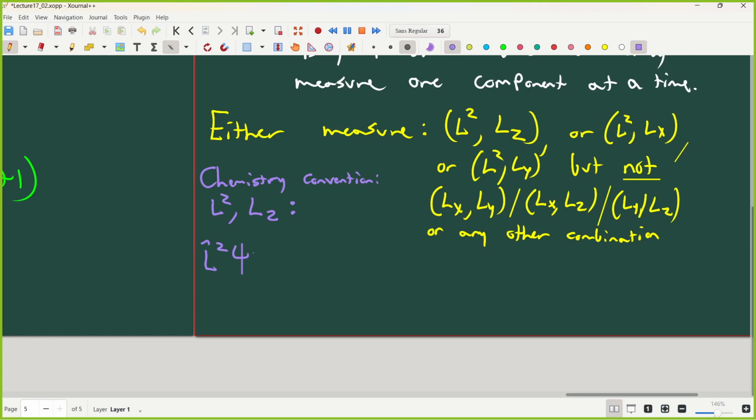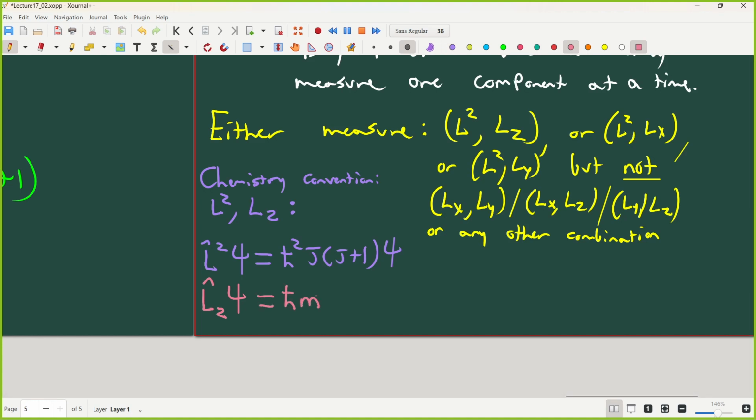If you apply it to psi, you get h bar squared j(j plus 1) psi. And when you measure Lz, the z component, you get h bar m psi. This is where the m comes from, the other quantum number.